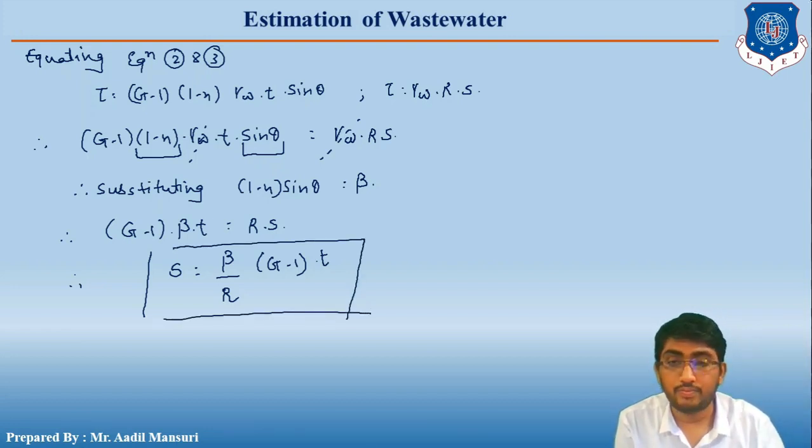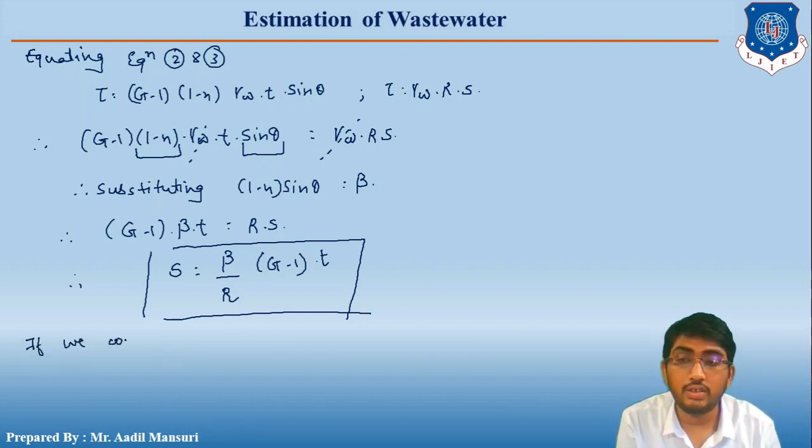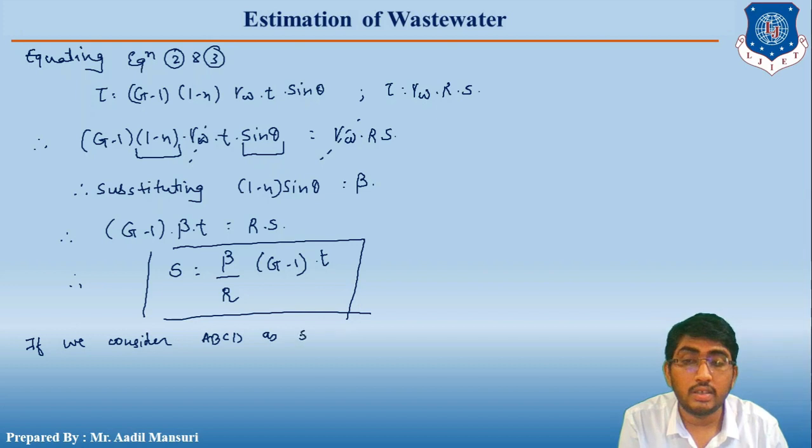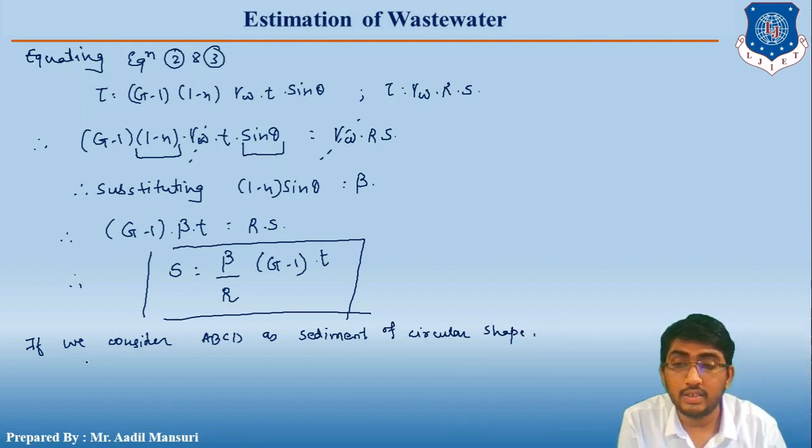Okay, now if we consider the ABCD particle as sediment of circular shape, then we can replace T by diameter D dash, right?